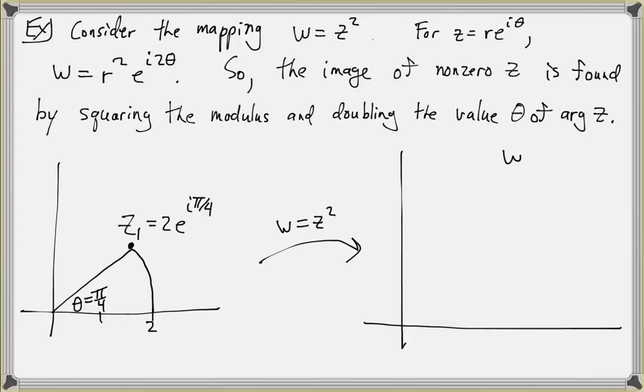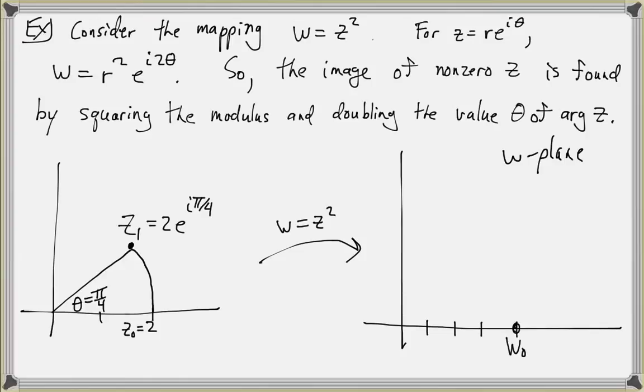So in the w-plane, the point 2 on the real line would be sent to the point 4 in the w-plane. So at 4, this would be the point w0, the image of z0 equal to 2.